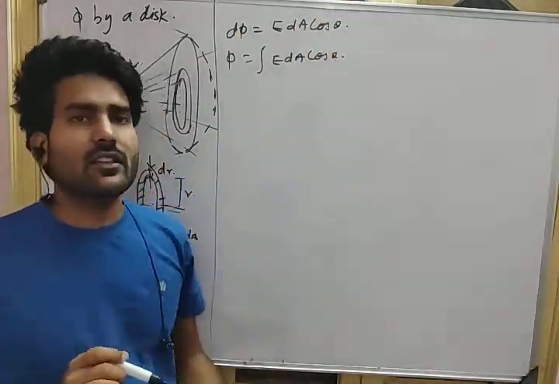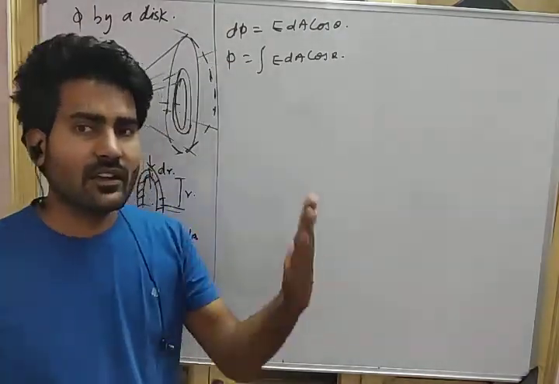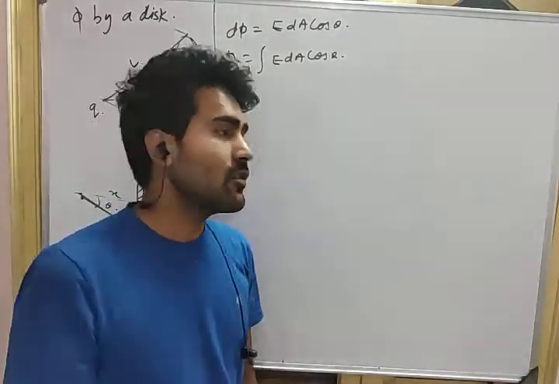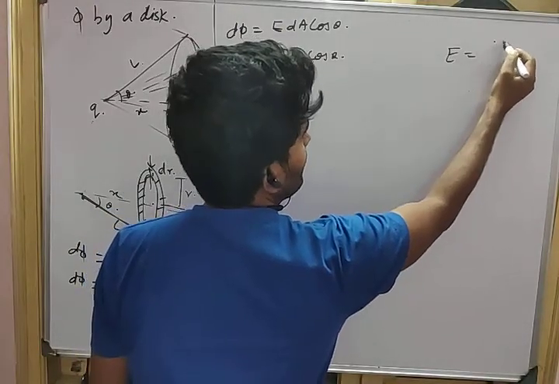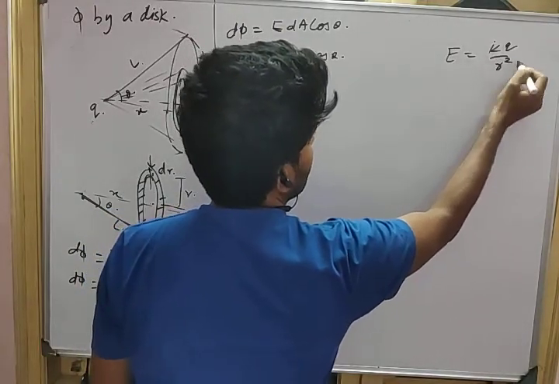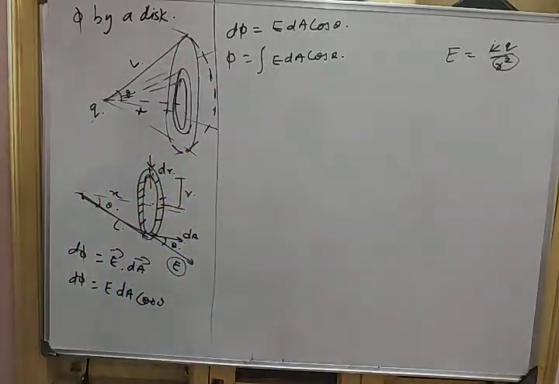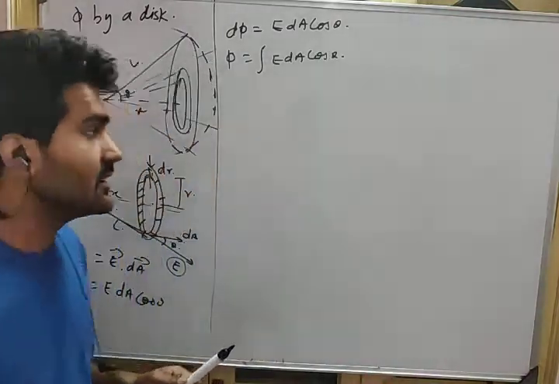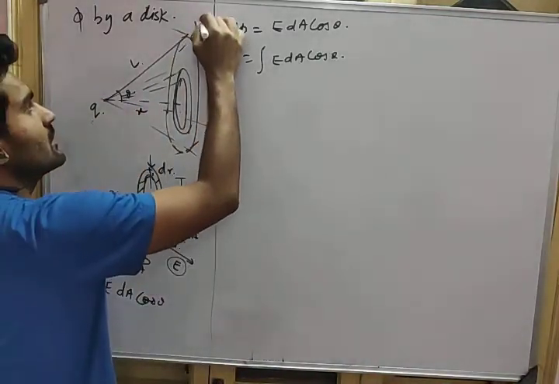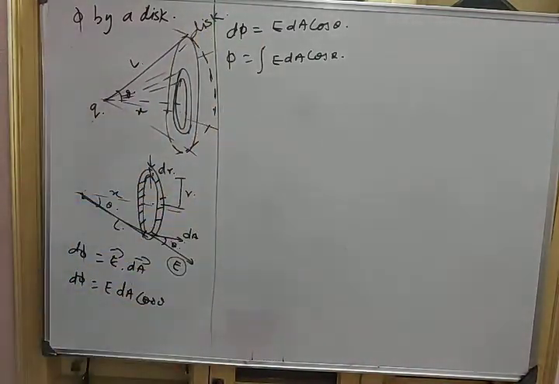If it is a sphere, the lines will be similar, but here they are not. So the field will not be similar, because we know that the field is kQ by r square. If this distance changes, obviously the field also changes. That's why the field throughout this disk is not constant.